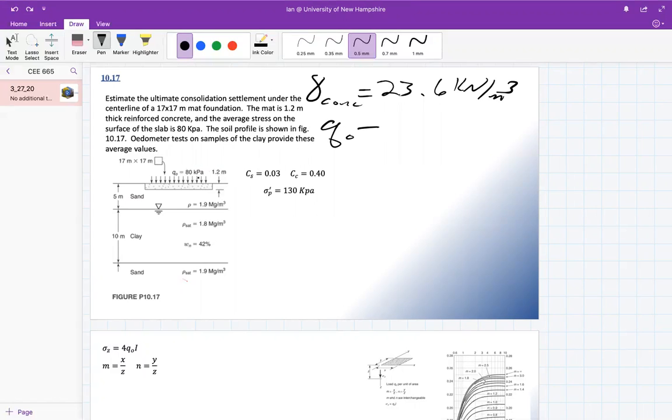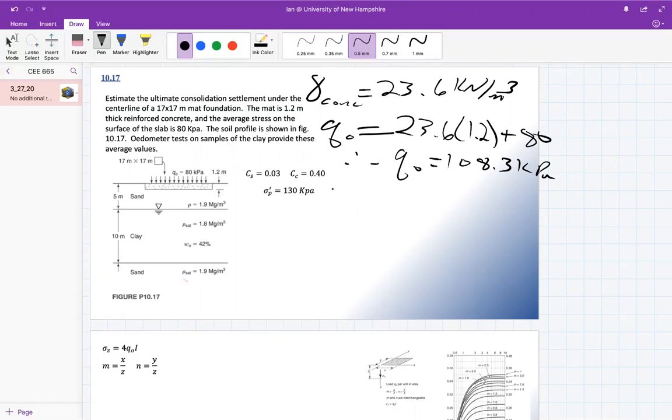Basically it'll be an initial bearing capacity. So we have 23.6 times 1.2 plus the 80. Therefore, you'll get Q naught equals 108.3 kPa.